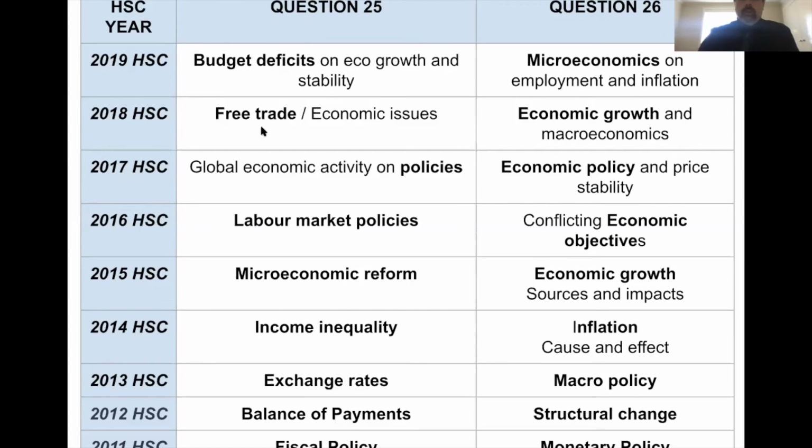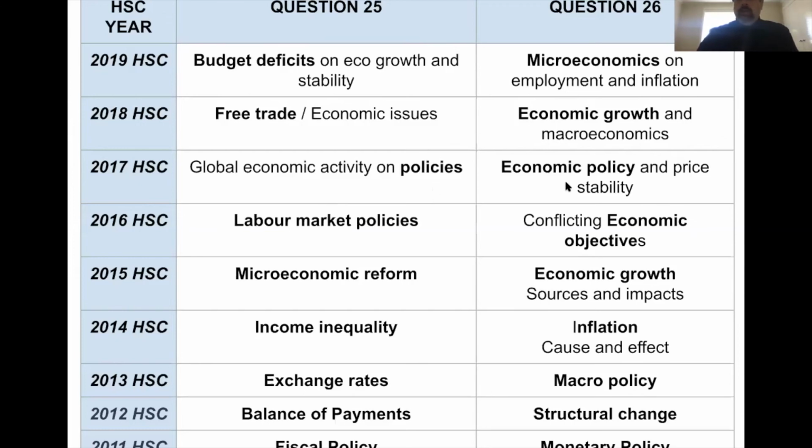So free trade, that was the question we just looked at, and economic growth, and how well government macroeconomic policies have helped with economic growth since the last recession. Then in 2017, global economic activity and economic policy.